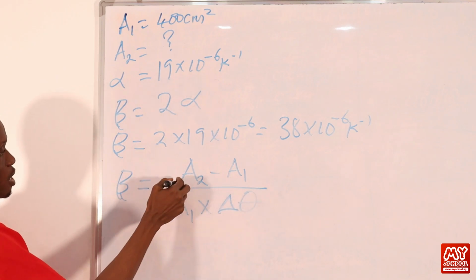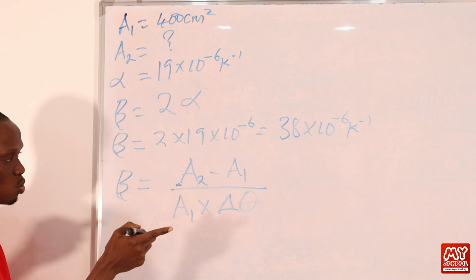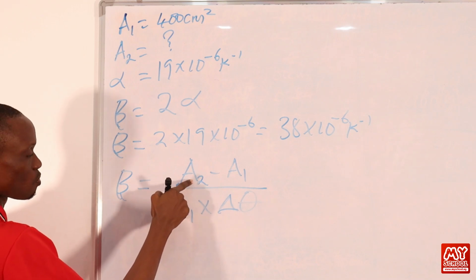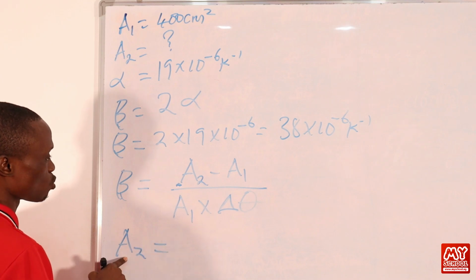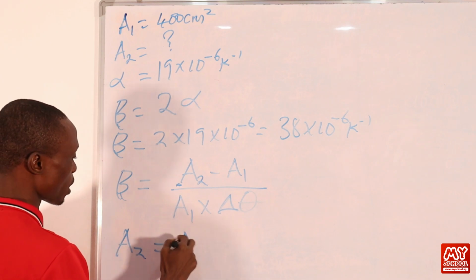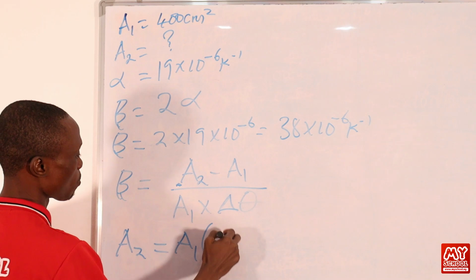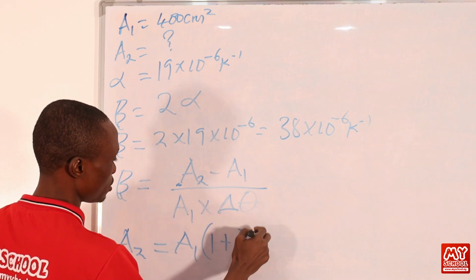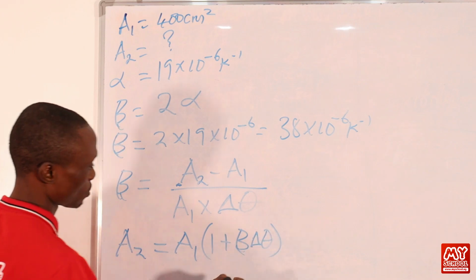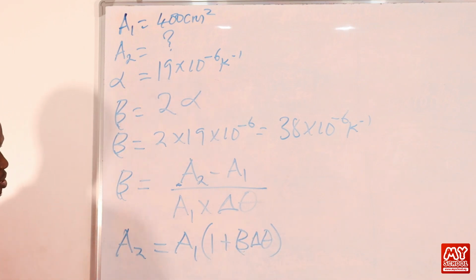In this question we are asked to calculate A2, which is the new area. So if we make A2 the subject of formula, we'll have A2 equal to A1 bracket 1 plus beta times the change in temperature.